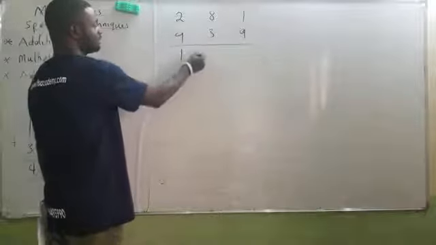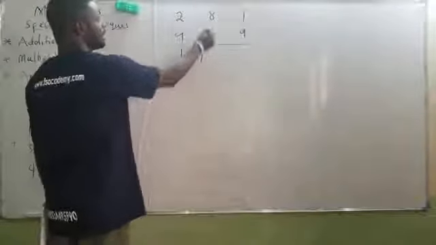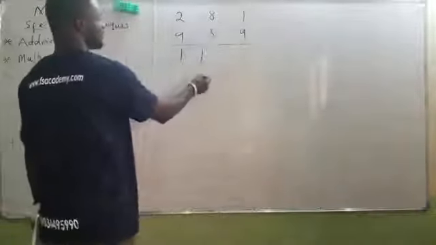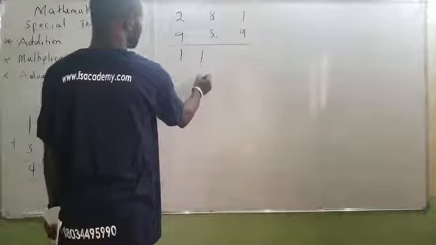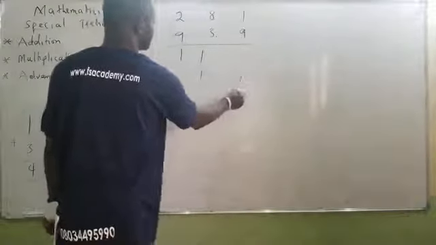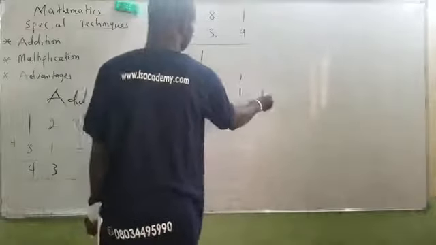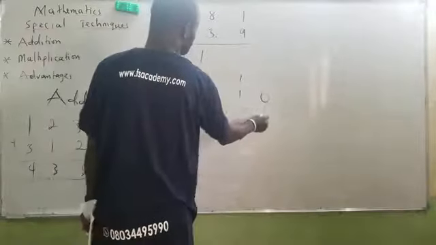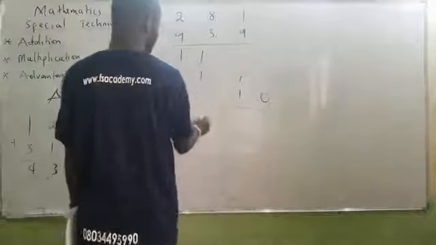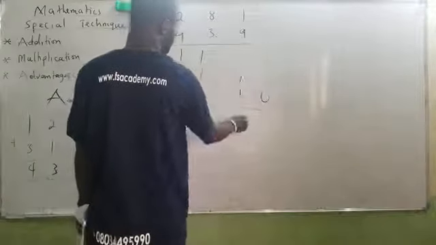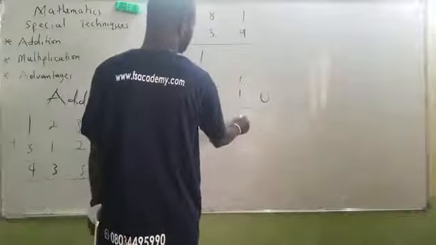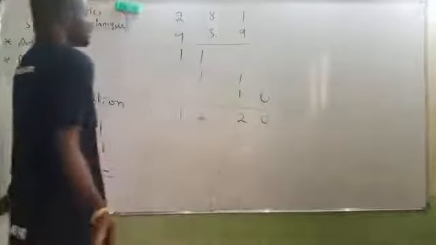It will be 11. Now, this plus this, it will be what? I think it will be 11 also. And this plus this will be 10. Now, my answer becomes 1, 2, 2, 0.